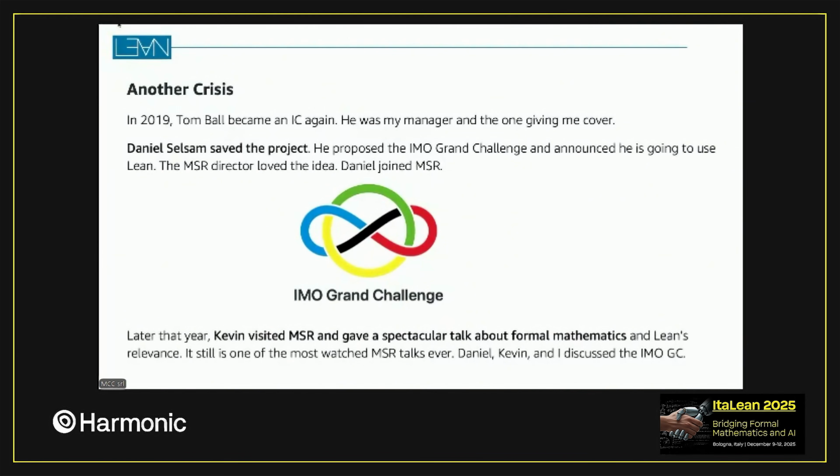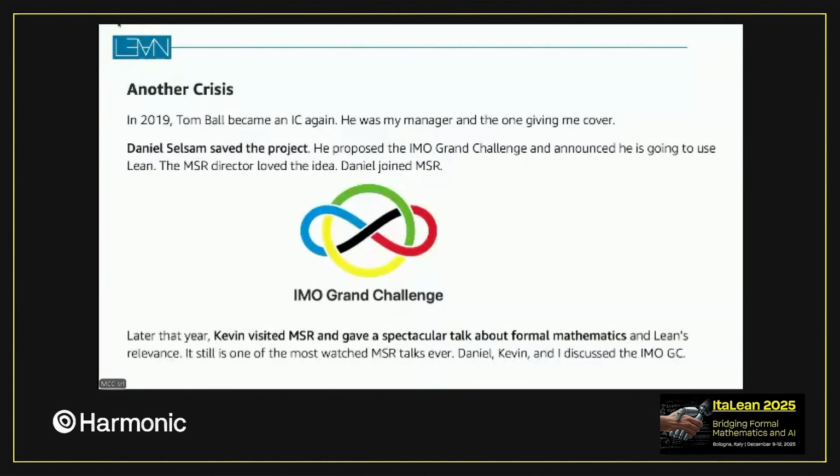The goal is to build an AI that will get a gold medal in the IMO, and I'm going to use Lean. The Microsoft director loved the presentation. Daniel joins Microsoft, and later that year, Kevin gives a spectacular talk at Microsoft, explaining Lean's relevance. These two events gave us at least a few years to keep going.